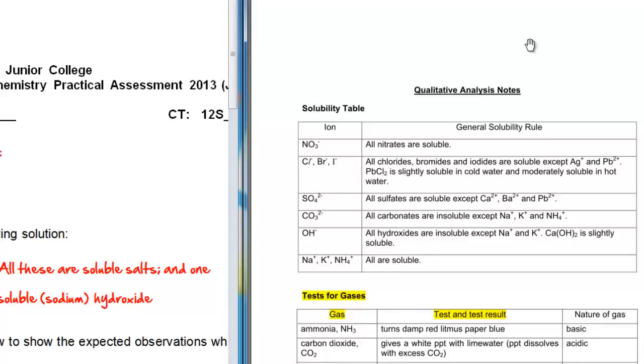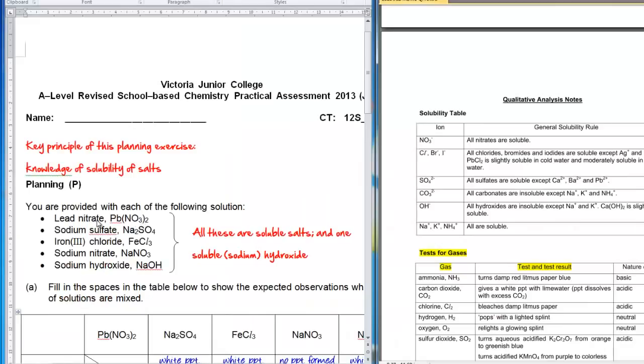Let us look at all the solutions over here first. We have lead nitrate, sodium sulfate, iron(III) chloride, sodium nitrate, and sodium hydroxide. The first four are soluble salts, and the last one is a soluble hydroxide. Let's say you're in an exam and you are not sure whether sodium sulfate is soluble.